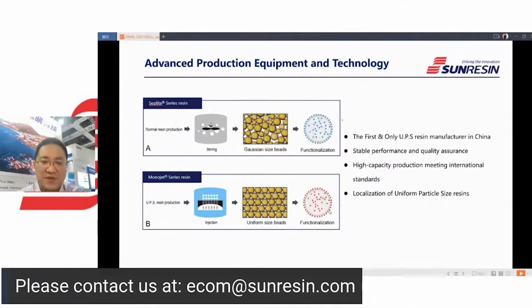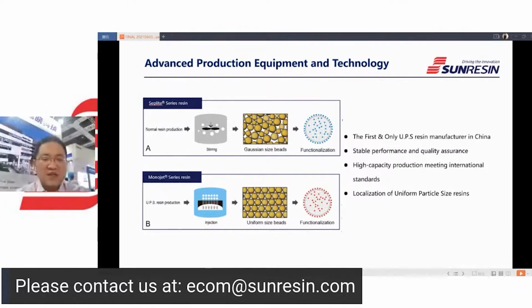A series of droplets form, and finally Gaussian size beads are formed. After functionalization, cation and anion exchange resins can be produced. The narrow dispersed resin polymerization is totally different. We call it the liquid vibration jet technology.